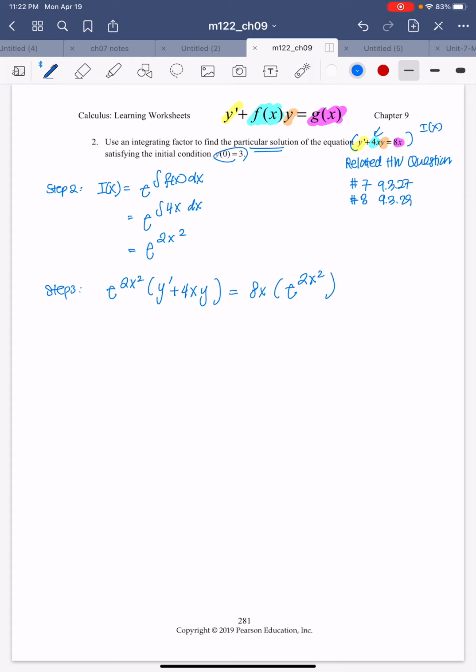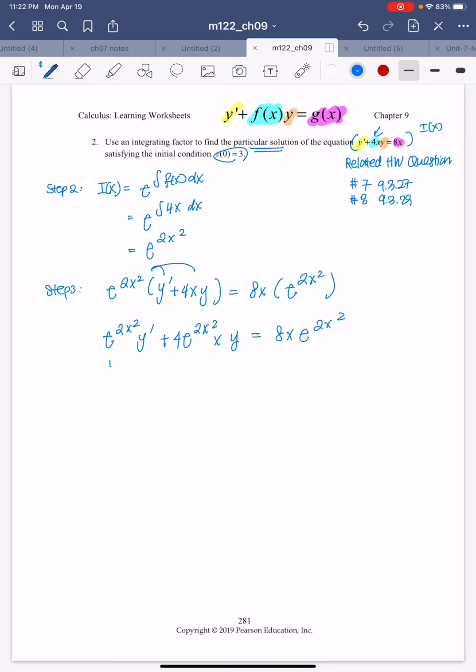Now if I distribute this, I end up getting e raised to the 2x squared y prime, and then you have e to the 2x squared of 4x y is equal to 8x e raised to the 2x squared.